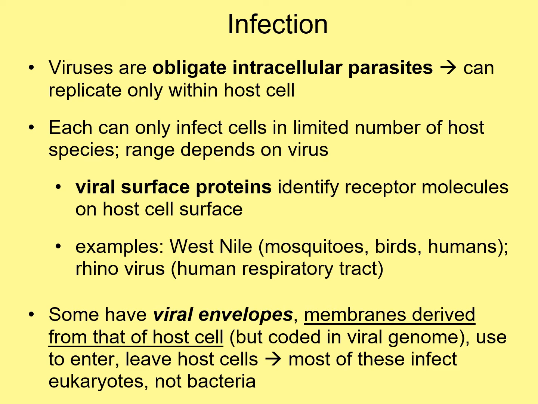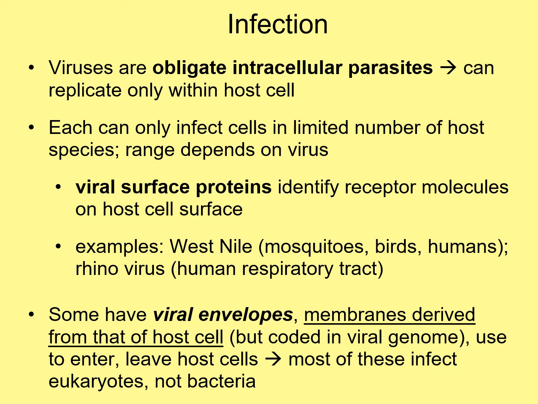Quite often the code for the surface receptor proteins is contained in the viral DNA or the viral RNA that infects the host cell. The host doesn't have instructions on how to make those surface proteins. But the membrane itself, which is basically just a lipid bilayer, is what the virus is getting from its host if it's using a viral envelope to infect its host.